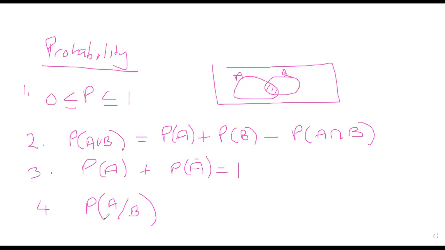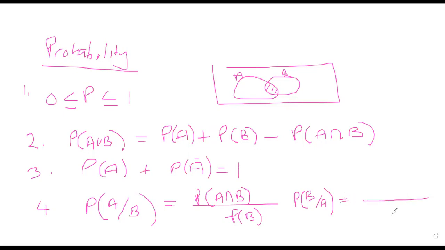If you have A given B, the probability of B will go down here, and on top you're going to have the intersection of A and B. It follows that if you have B given A, what goes down is the probability of A, and on top we have the probability of A intersection B or B intersection A. So this is what we call Bayes' theorem.